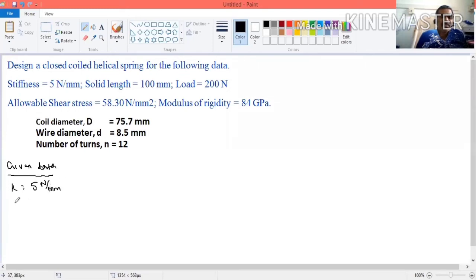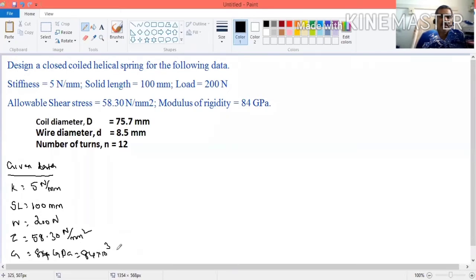Solid length is equal to 100 millimeter, and load W is equal to 200 Newton, and shear stress tau is equal to 58.30 Newton per millimeter square. Finally, the modulus of rigidity is equal to 84 gigapascal, that is 84 into 10 power 3 Newton per millimeter square.